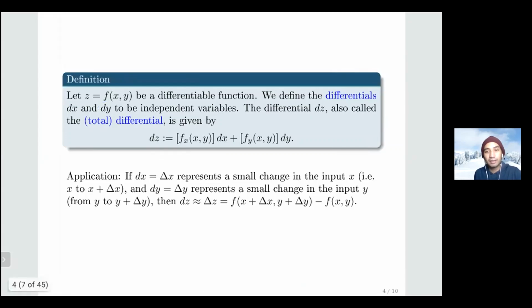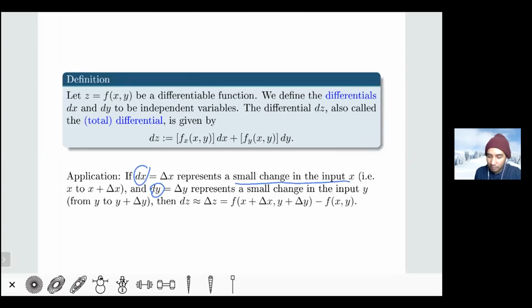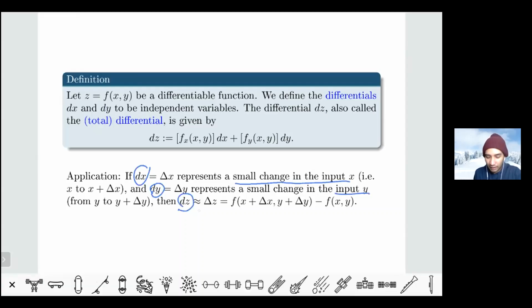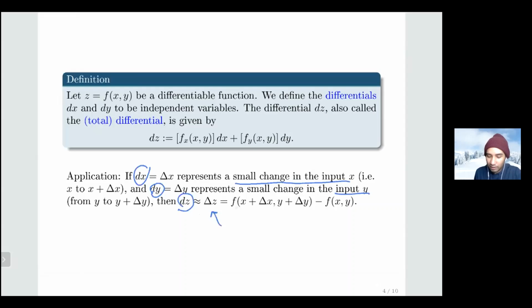And it turns out na ang application niyan kamukha rin nung sa one variable case. Okay, if you let dx and dy be small changes in the input x and the input y, yung mako-compute na value ng dz, that's a good approximation for the actual change in the output.